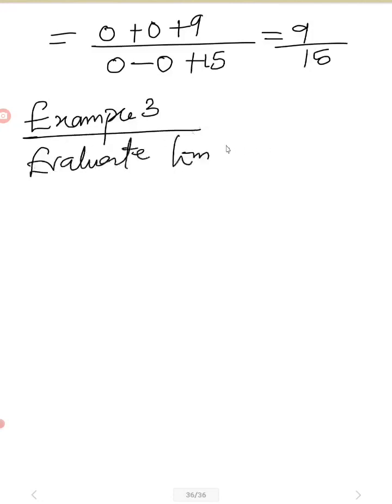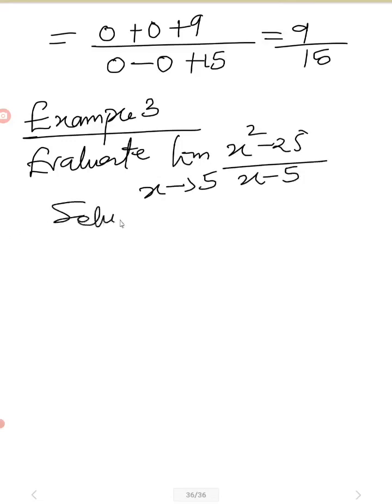the limit of x squared minus 25 over x minus 5 as x tends to 5. Now, for solving this, you just have to apply it in algebraic form, meaning limit as x tends to 5. This is the difference of two squares. This is x minus 5.